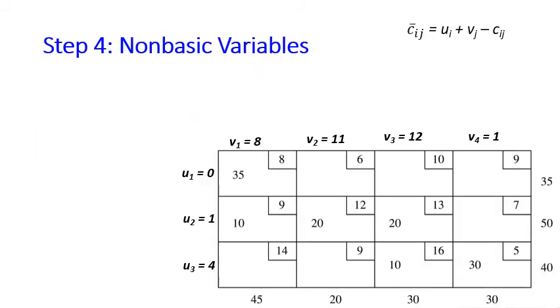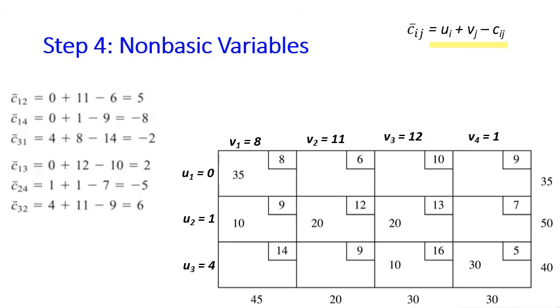So for non-basic variables, you just check whether ui plus vj minus cij is less than or equal to 0 for the minimization case. Are they all less than or equal to 0 for all non-basic variables? So for example, C hat 1,2 equals u1 plus v2 minus c12, and it equals 5. And then do the same thing for all non-basic variables.